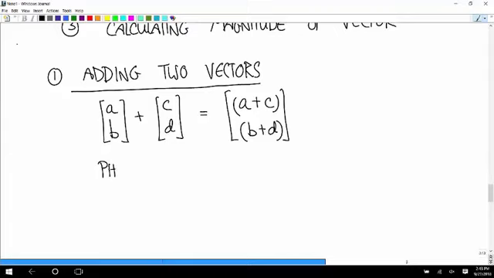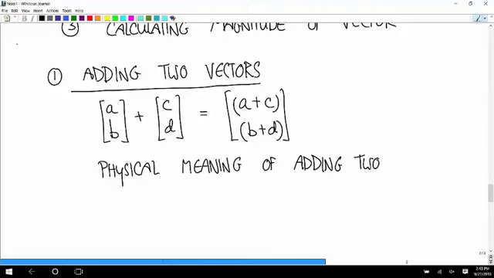But I'm going to call this a physical meaning of adding two vectors. So the first step is put the vectors head to tail.